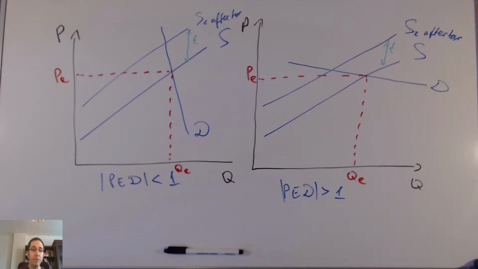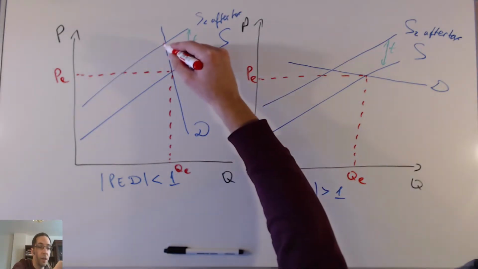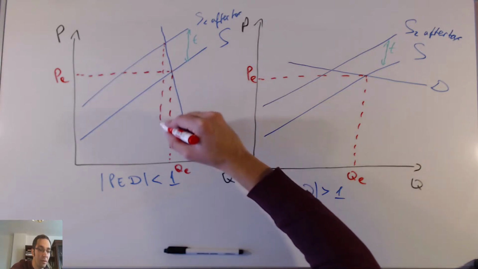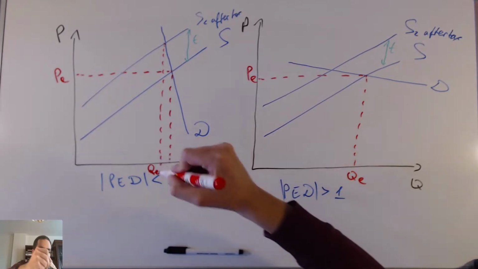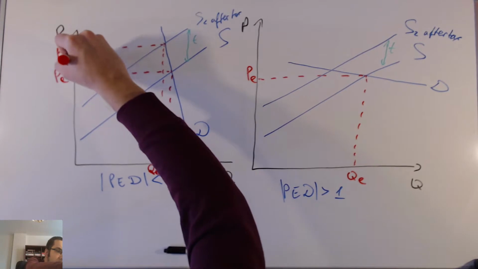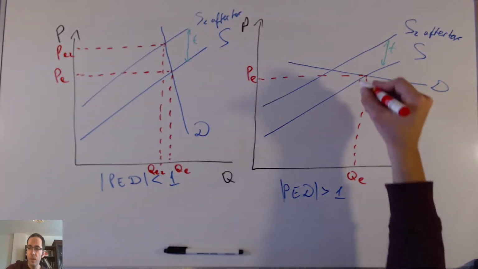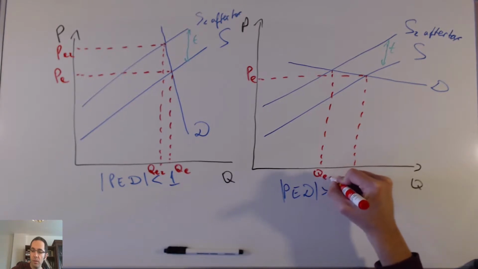Now the effect of this tax on the inelastic demand curve would be as follows. So this would be QE2, PE2, and over here we're going to have QE2, PE2.